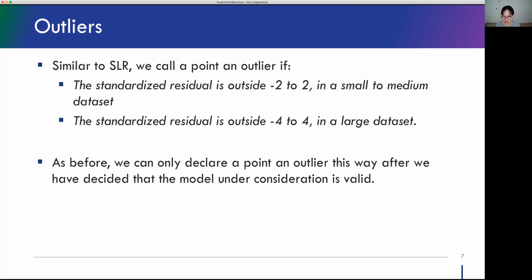If the model you're working on is not really valid, then when you see something is an outlier, which does not follow the pattern of your model, calling that point an outlier would not be fair, right? Just remember that for the model we work on, we have the assumption that it's a valid model, so that we can say, okay, this and that point is an outlier.